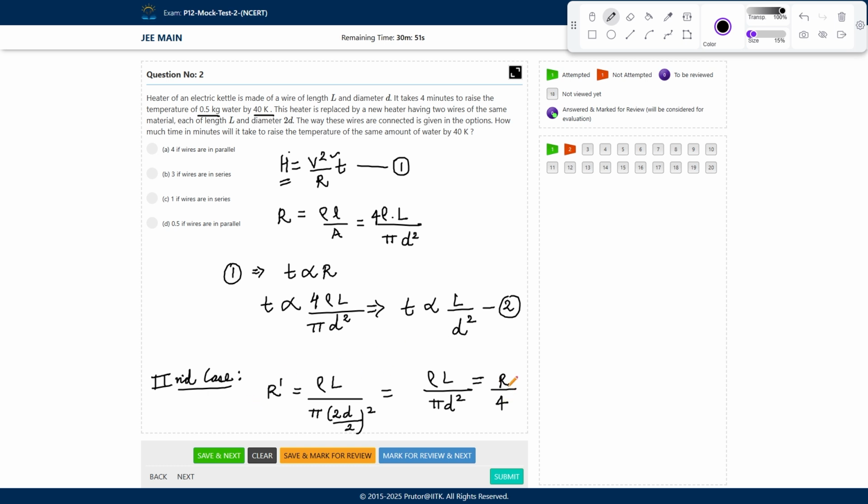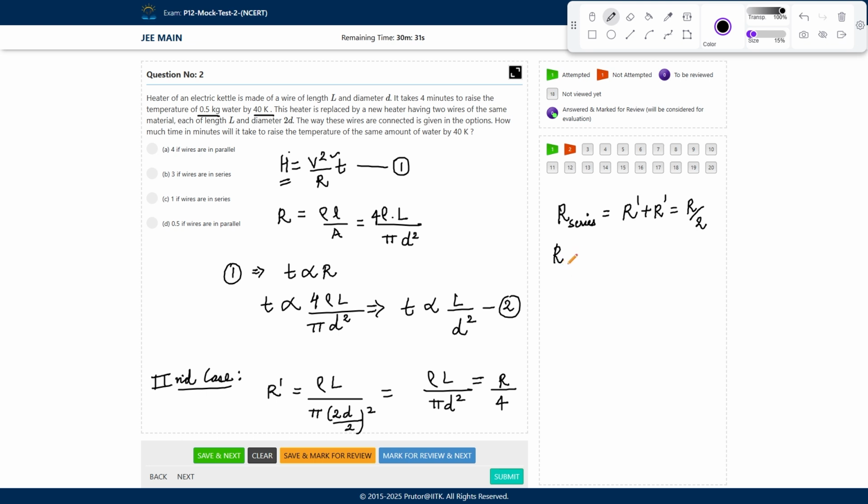So R dash will be R by 4. Now if we connect these two wires in series, then R series will be R dash plus R dash, which will be R by 2.